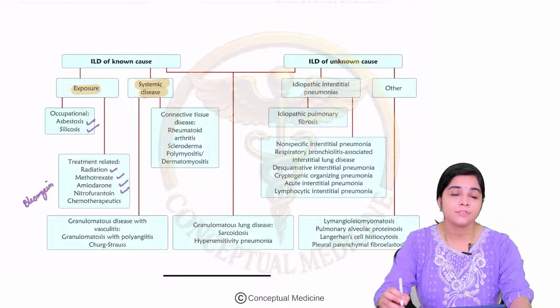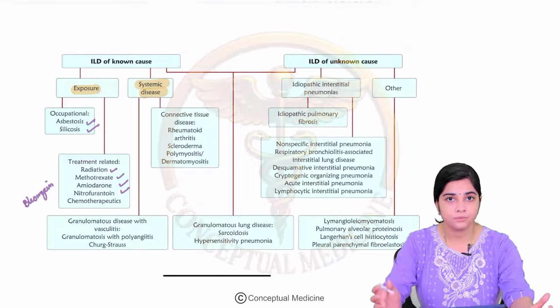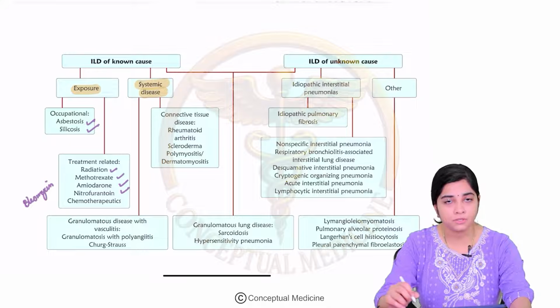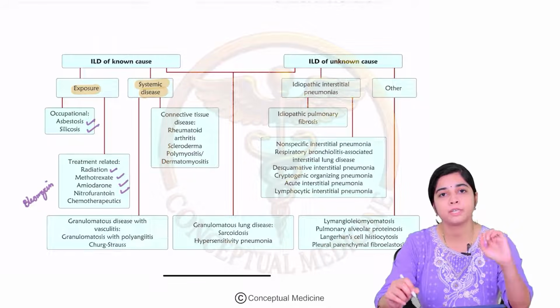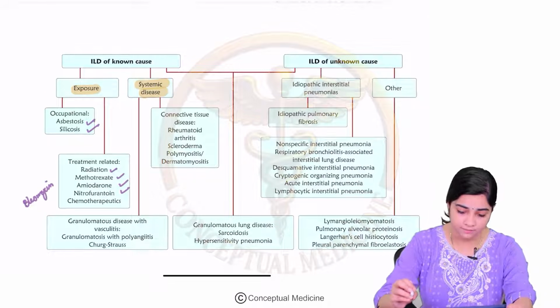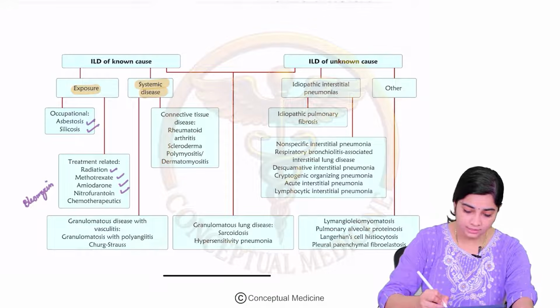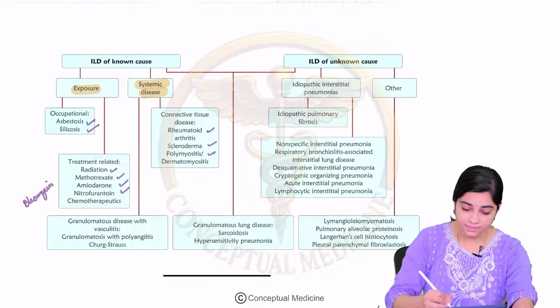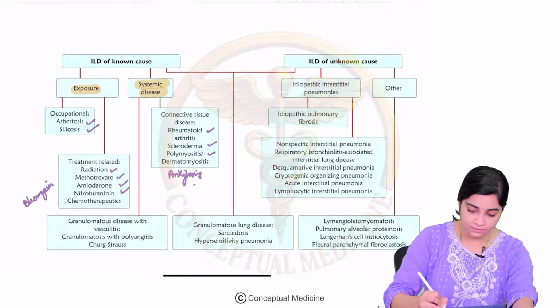Then connective tissue disorders. So when we look into your chapter or section on rheumatology, we know that there are a group of connective tissue disorders which can be associated with ILD. So what are they? They are rheumatoid arthritis, scleroderma or systemic sclerosis, polymyositis or dermatomyositis, and then we even have ankylosing spondylosis.